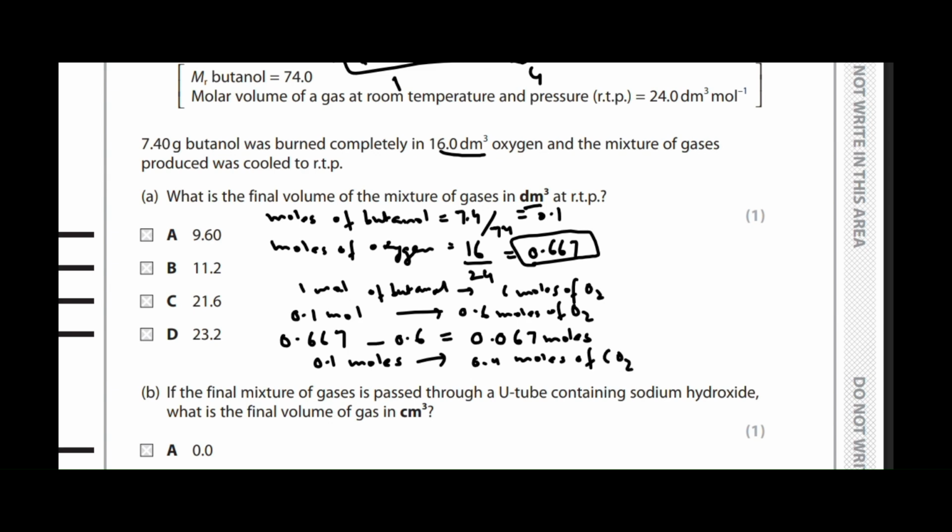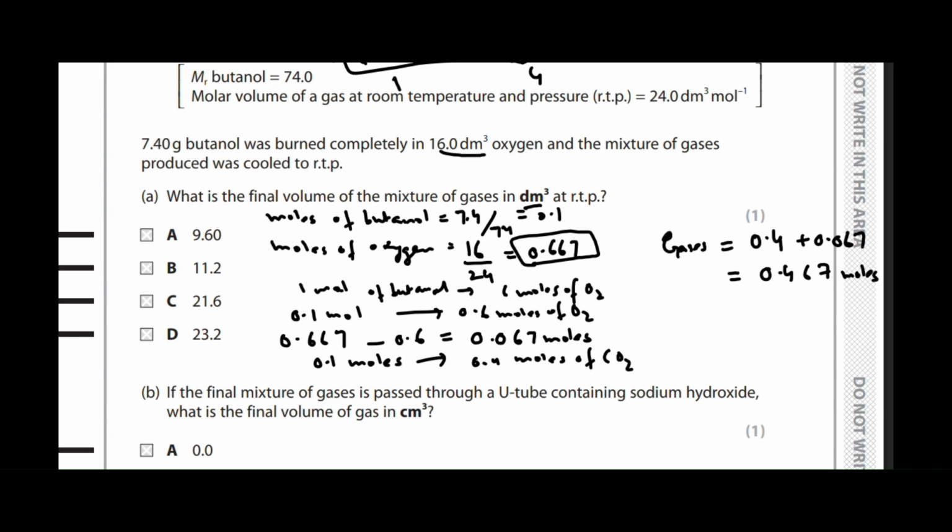So at the end, in the reaction mixture, we have the gases: 0.4 moles of carbon dioxide and 0.067 moles of oxygen. These are the total gases which will be left in the reaction mixture once the reaction is over. So the total moles are 0.467 moles.